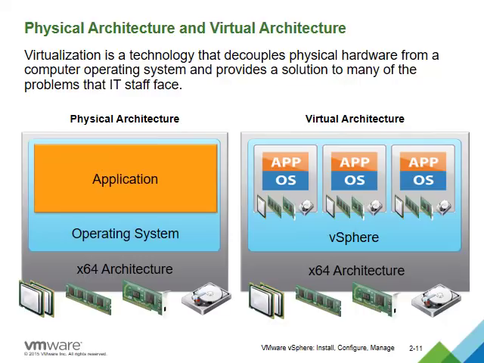The hypervisor also enables VMs to operate with a degree of independence from the underlying physical hardware. So, for example, a VM can be moved from one physical host to another, and its virtual disk can be moved from one storage type to another without affecting the functioning of the VM.